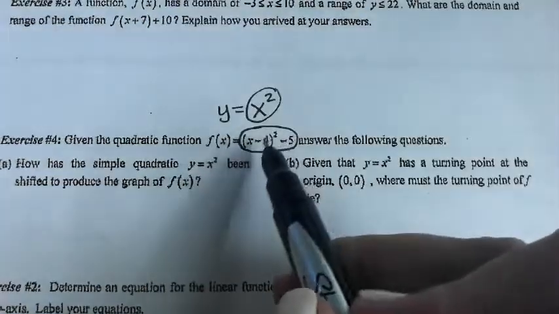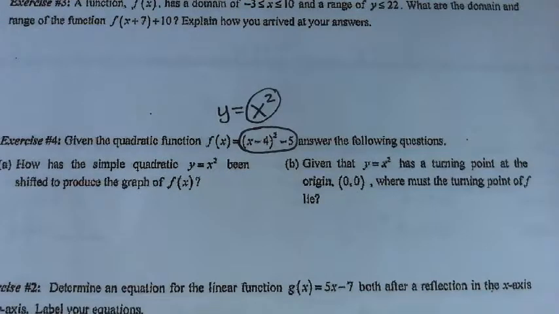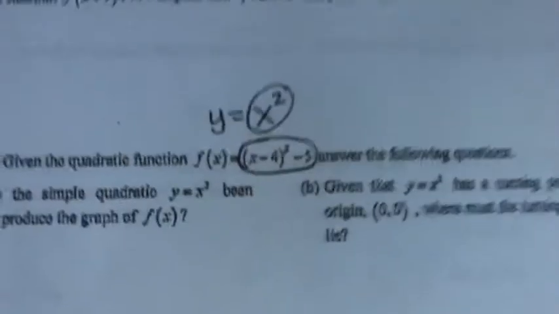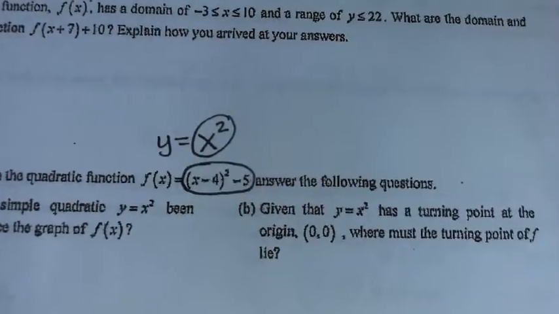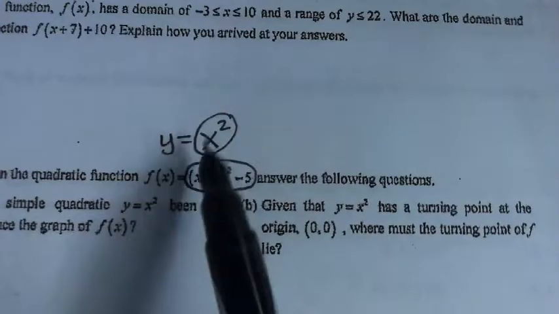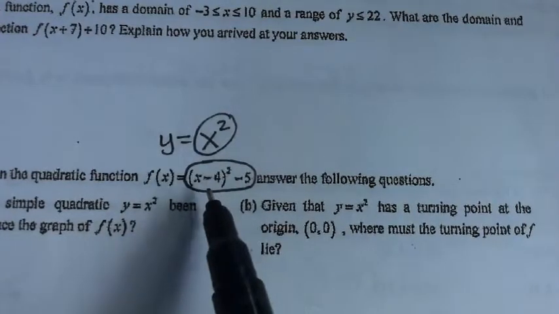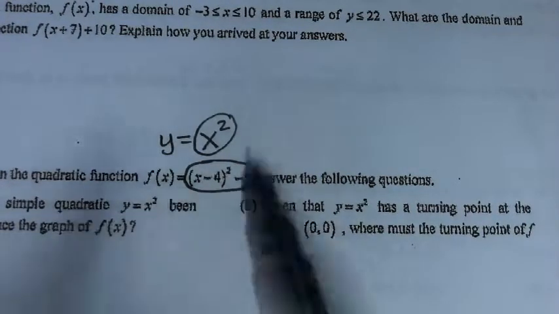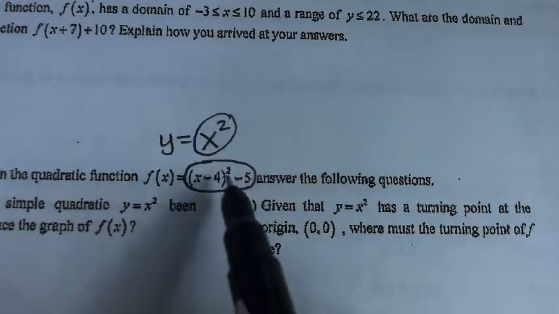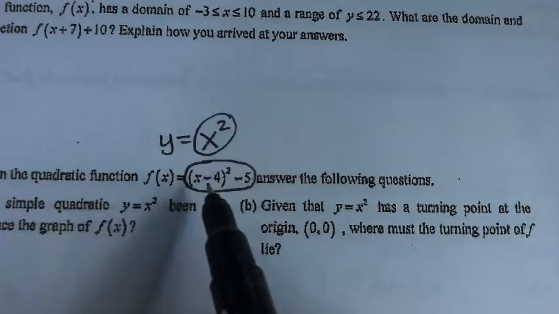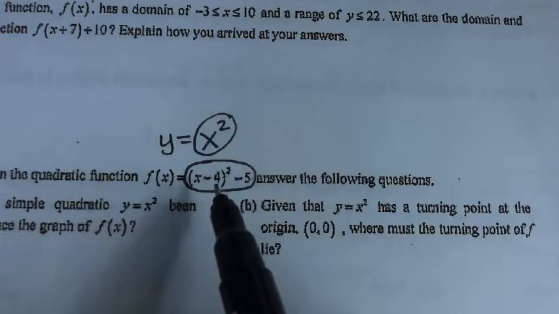Now, this is in that family. You can see the squared there, but there have been some transformations that have taken place, correct? There's the -4. Is that happening within the x of the parent graph or outside of it? Within. So this is horizontal. It's a minus, so what kind of transformation? Shift right 4.